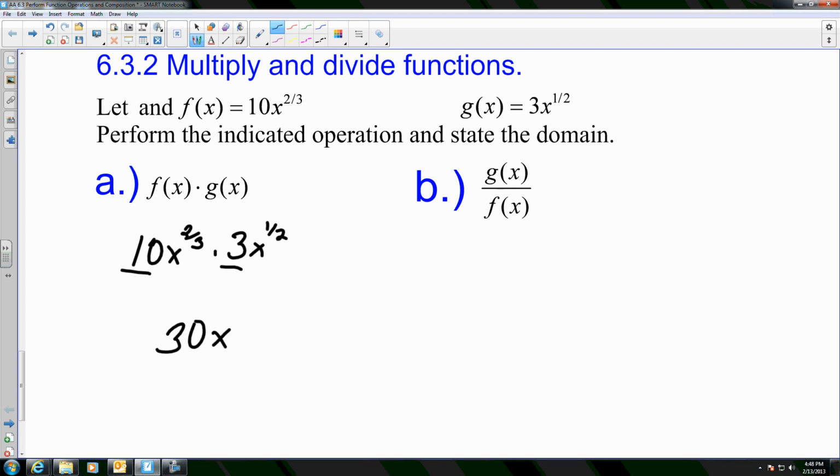And then I got x, which has the same base of x, and using our product of powers rule, we must add our exponents. So this is basically 2/3 plus 1/2, which gives me 7/6.